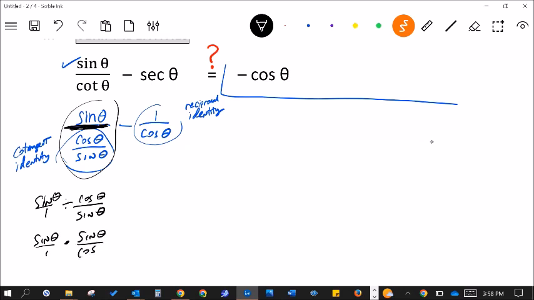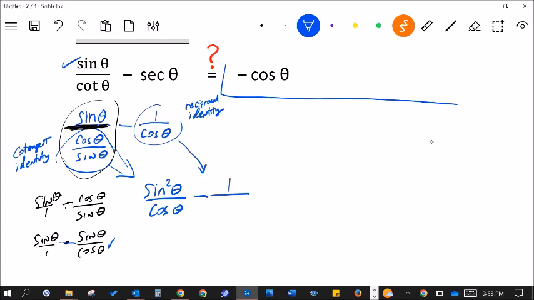So what we get as a result is sine times sine, so sine squared theta over cosine theta, minus 1 over cosine theta.